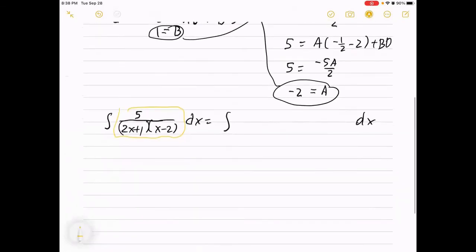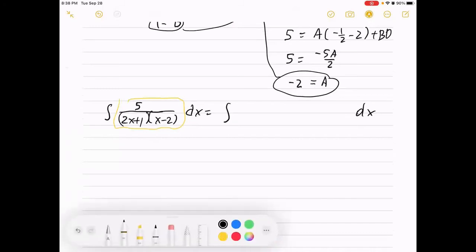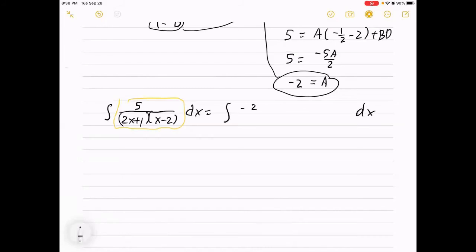So we're going to write down negative 2 over 2x plus 1 plus 1 over x minus 2. And now that is going to be 2 easy integrals.